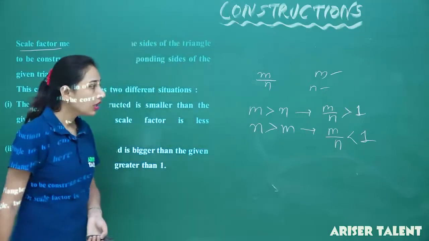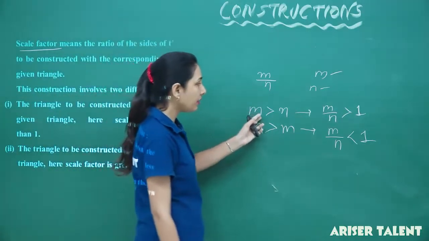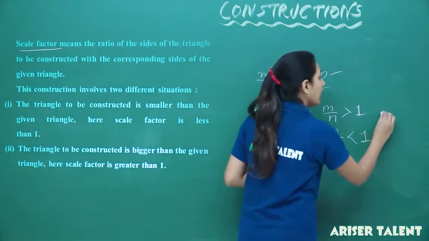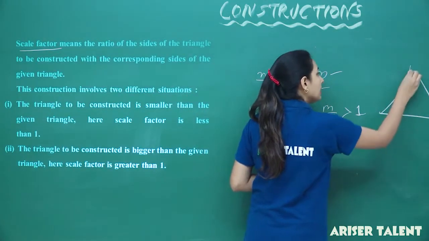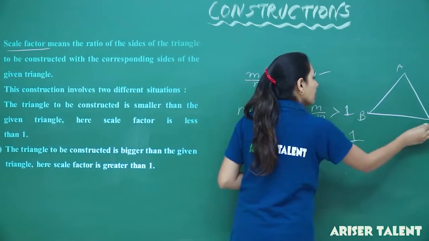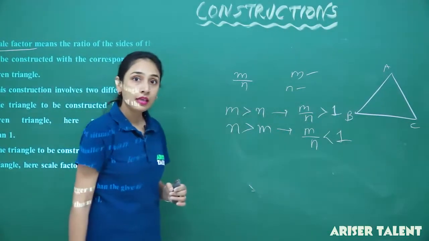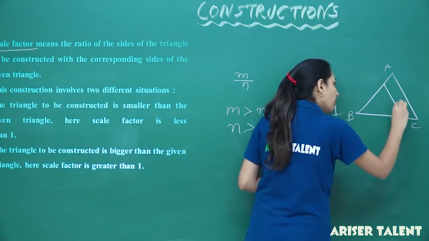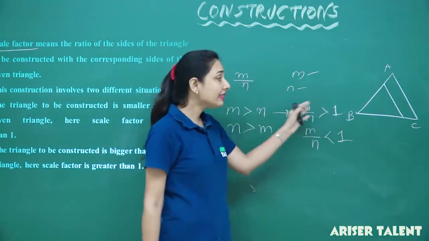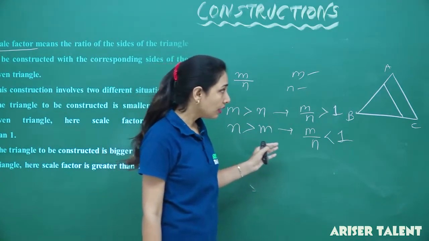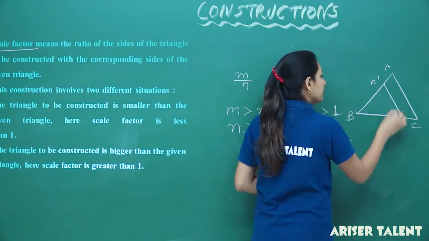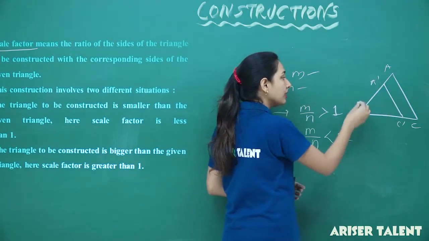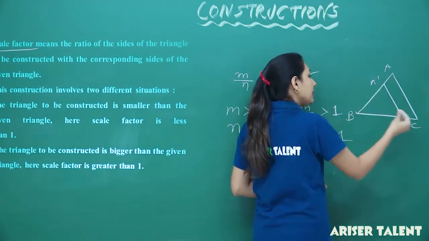It's so obvious. Now if m is greater, and you are given this triangle ABC, then the triangle to be constructed will be somewhat less than this triangle. So if it is A dash and C dash, then triangle B A dash C dash will be smaller than triangle ABC.